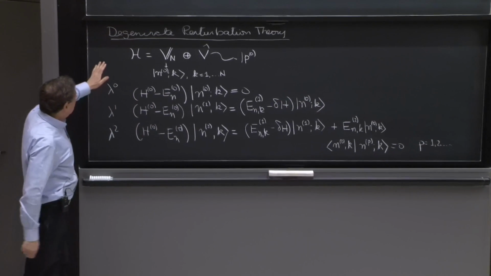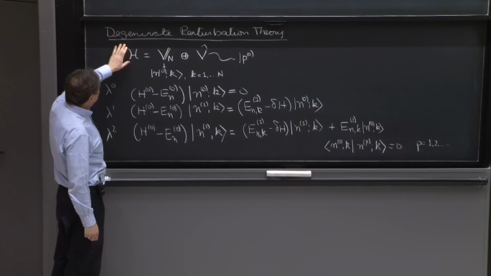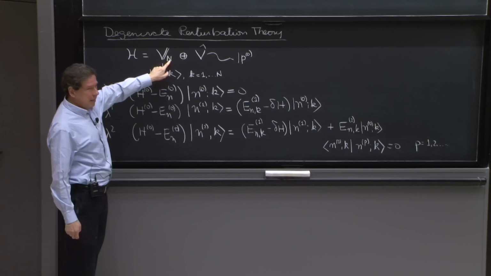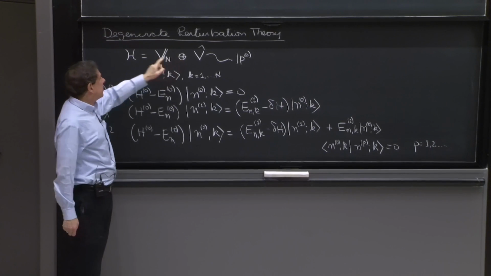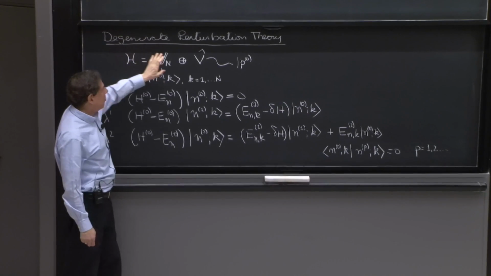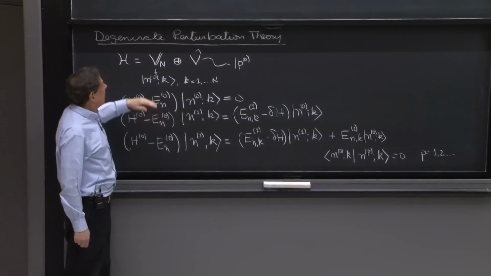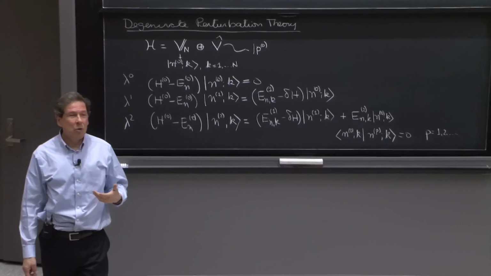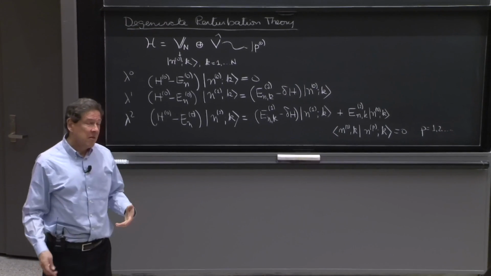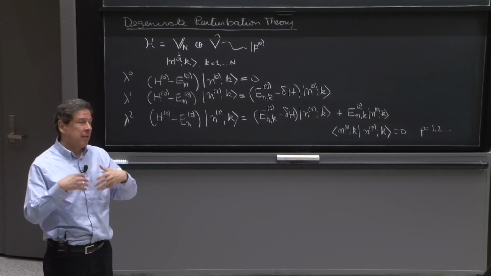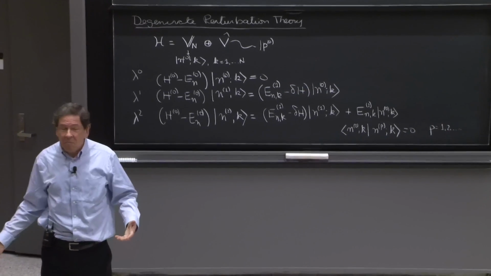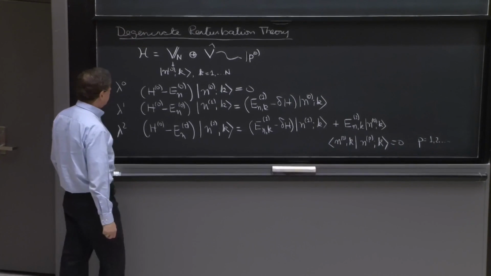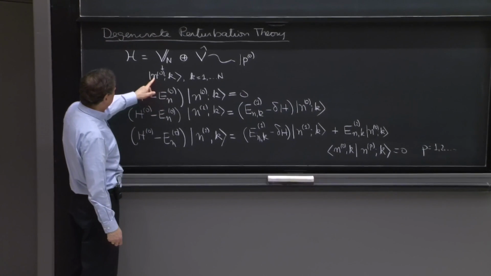So we called that degenerate subspace the space V capital N. And the rest of the state space of the theory was called V hat. For those states in the degenerate space, we use a label N for being an nth state or having energy En. They all have the same unperturbed energy En0.